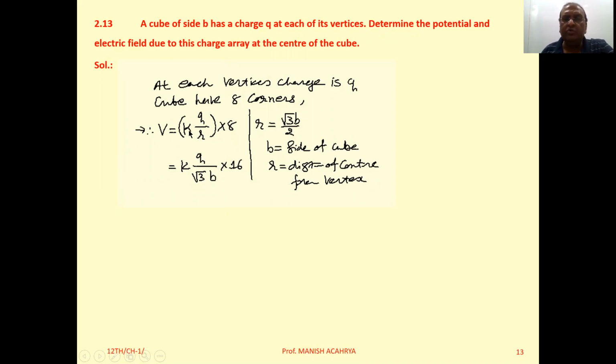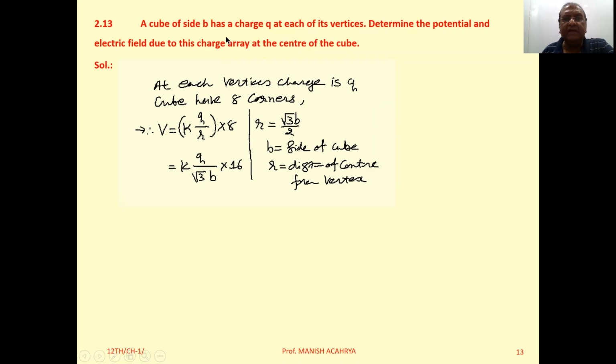Now potential due to any one charge is kq upon r, where r is the distance between corner and center of the cube, then multiply it by 8.